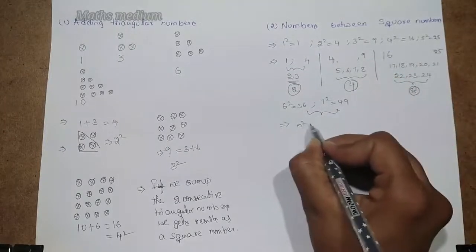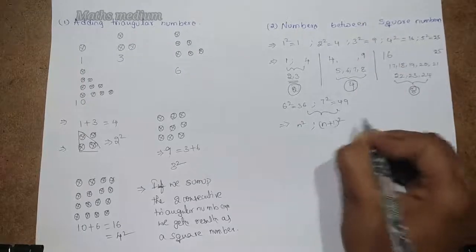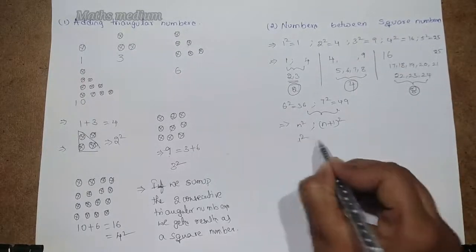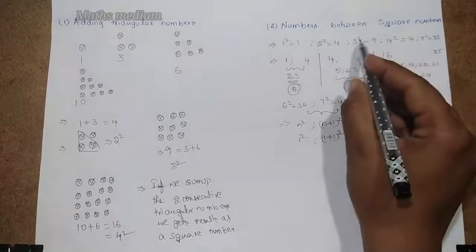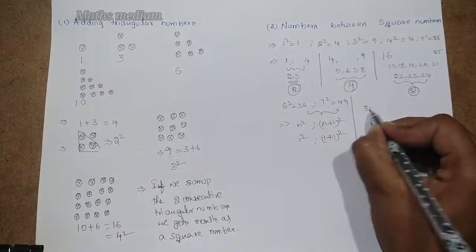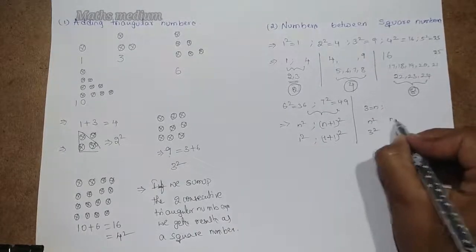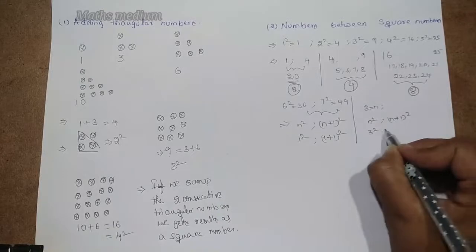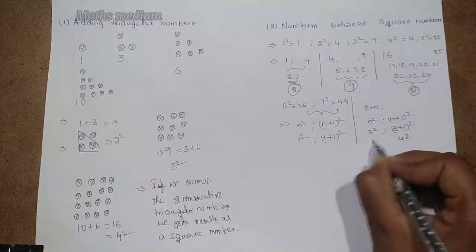Let this be n square and this be n plus 1 square. For example, if you take 1 square, the next is 1 plus 1 square. Similarly, if n is 3, n square means 3 square and n plus 1 square means 3 plus 1, that is 4 square, right?